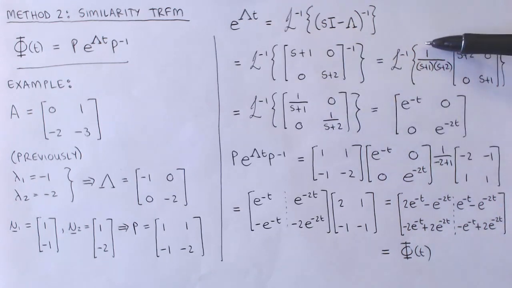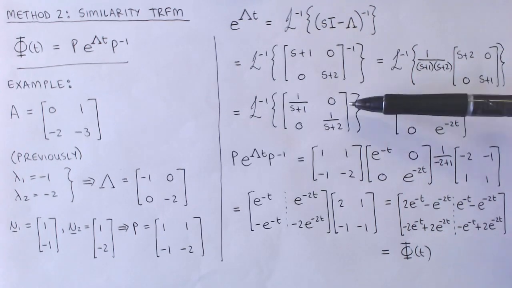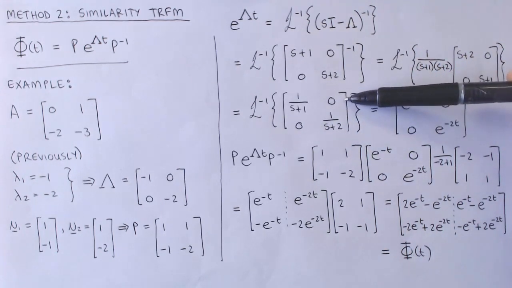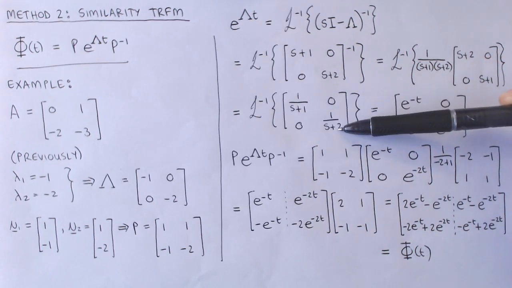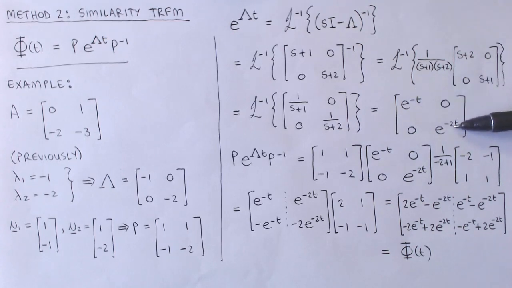Its inverse is 1 over the determinant times the adjoint matrix, which results in this diagonal form. We do not have to do partial fraction expansion, and we can directly apply the inverse Laplace transform to each of the diagonal elements, which results in this diagonal matrix.